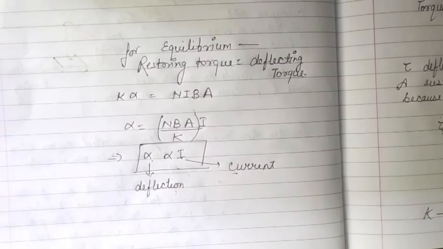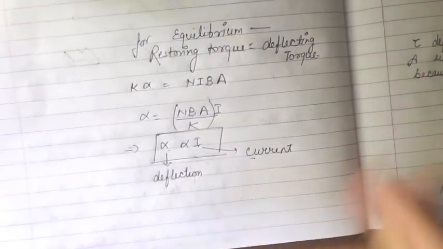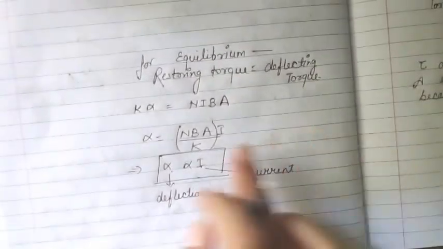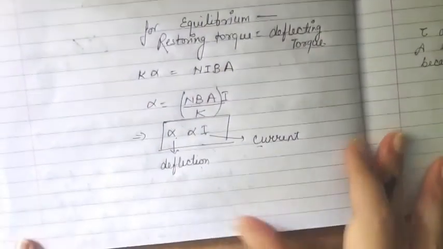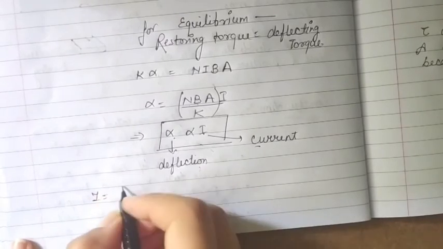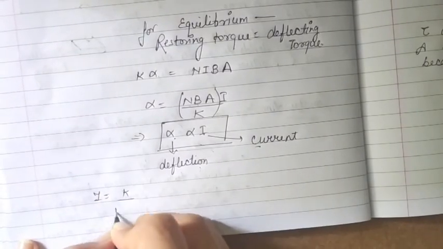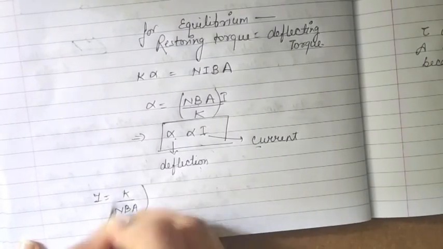One more thing we can note here is that if we rearrange this formula, we get I is equal to K upon NBA into alpha.